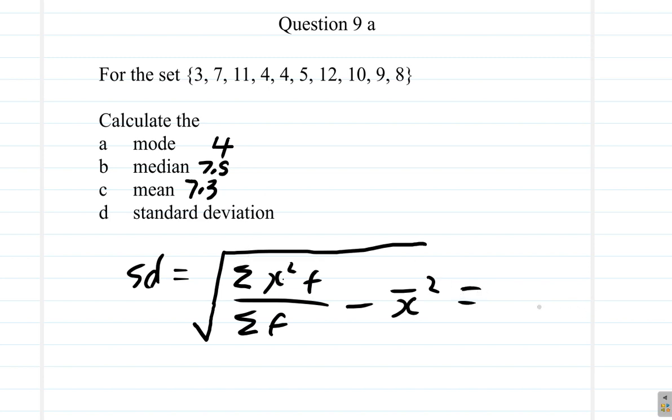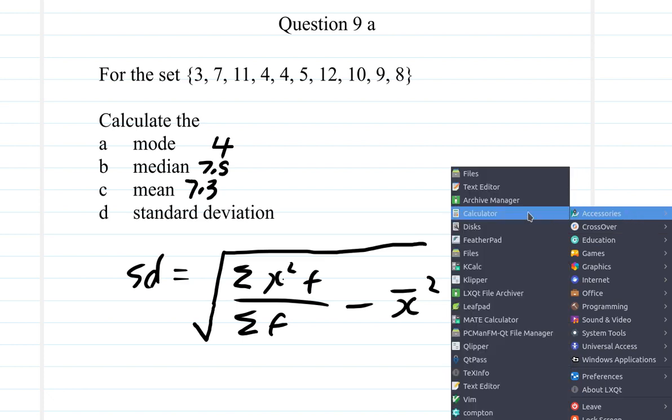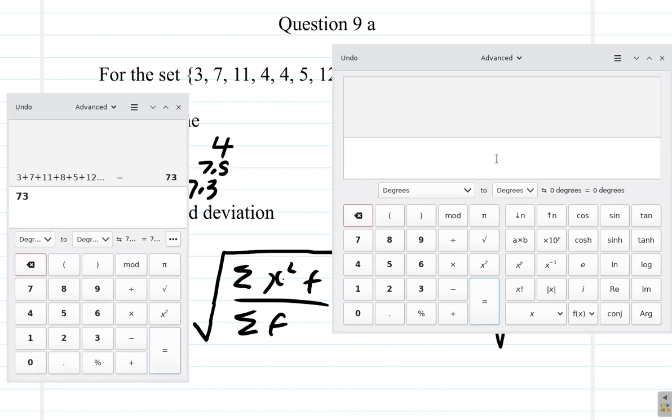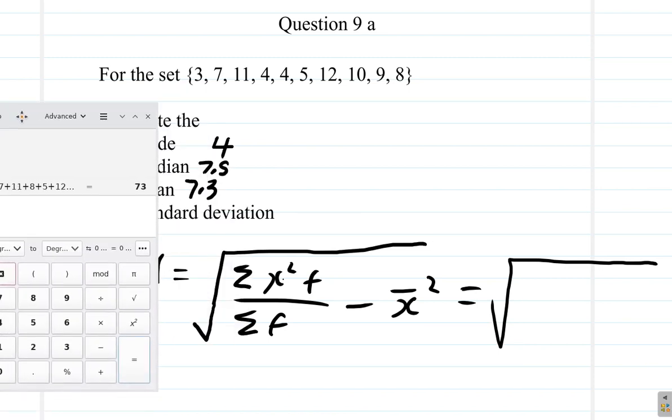So I want to find the square root of the sum of x squared. You're going to add all of them squared. So we'll just use a calculator. You want to show all workings, so in exam you would write down everything and use a table.